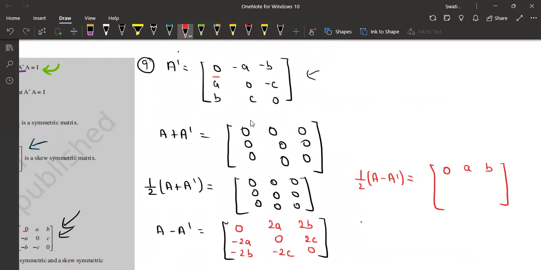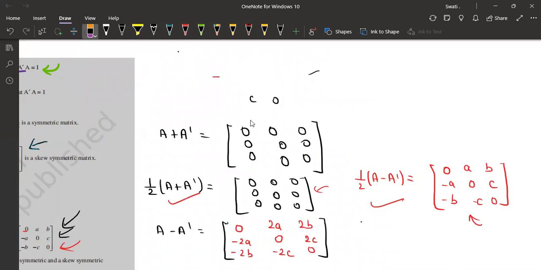This is B, this is negative A, this is 0, this is C, this is negative B, this is negative C, and this is going to be 0. And you can notice that this is nothing but our matrix A only, right? Anyway, so we wanted to find out the value of half of A plus A transpose and half of A minus A transpose. So this is the answer for the first one, and this is the answer for the second one.